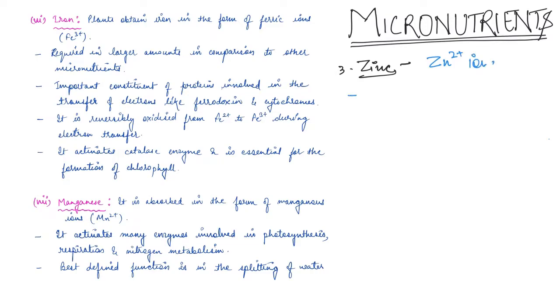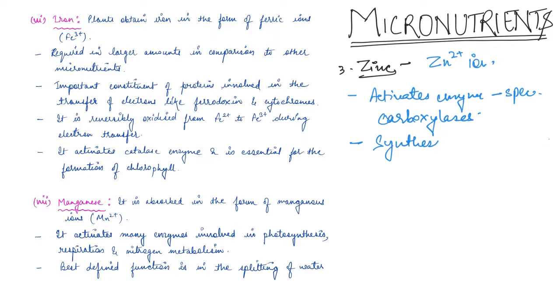It activates enzymes, specifically carboxylases. Apart from that, guys, zinc is also needed for synthesis of the plant hormone auxin. And auxin has a lot of functions that we are going to see in the next video.